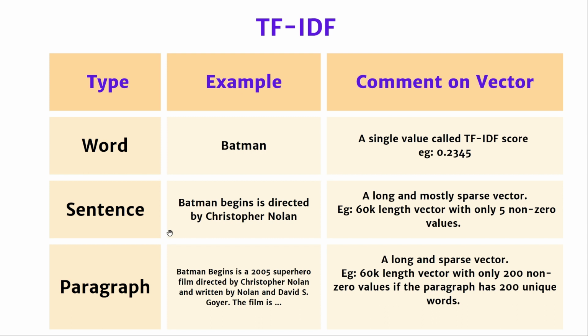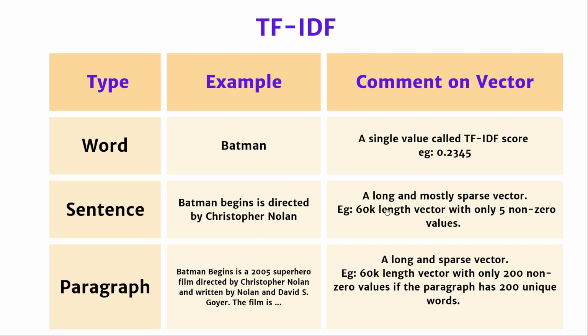And when it comes to a sentence, let's take a sentence like Batman Begins is directed by Christopher Nolan. Again, this is going to be represented with a long vector, because we take the whole corpus and however many words we have in the corpus, those are the columns or the features.